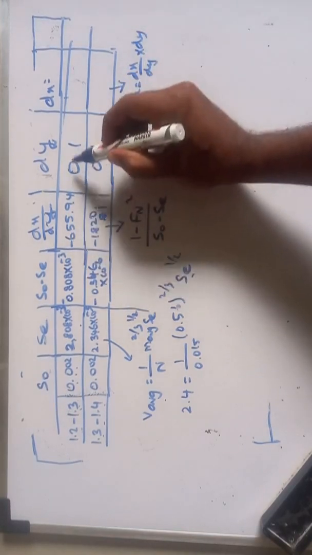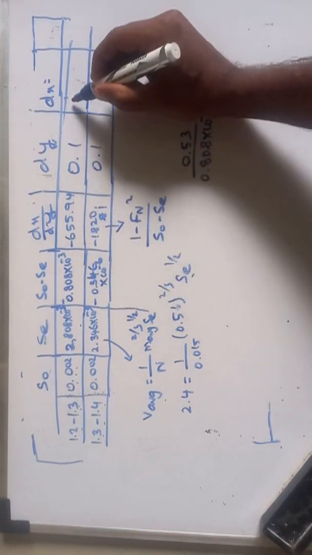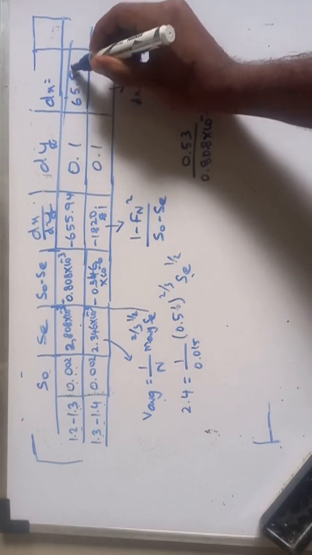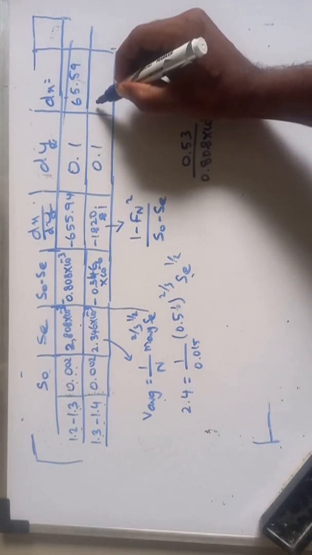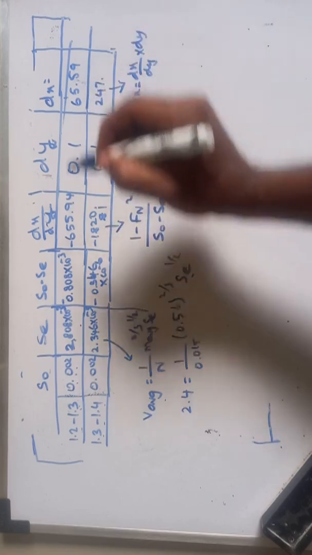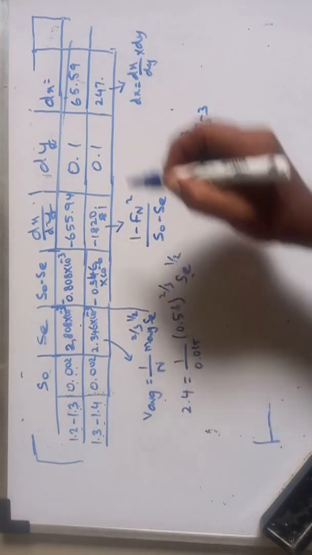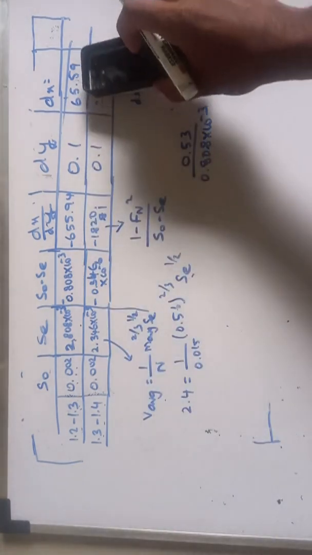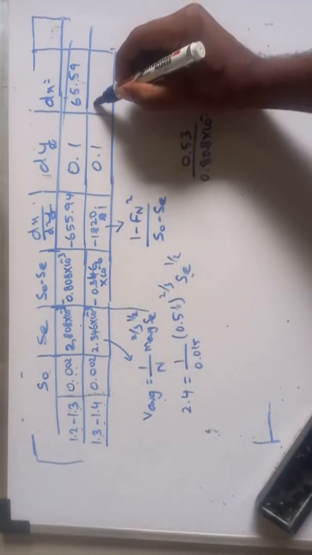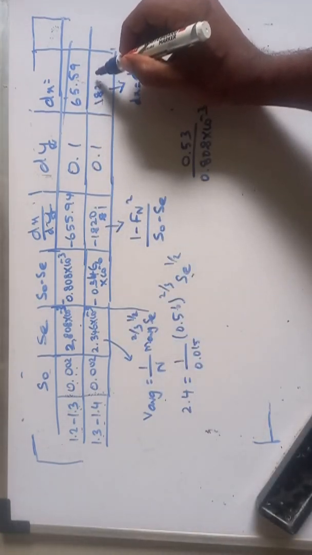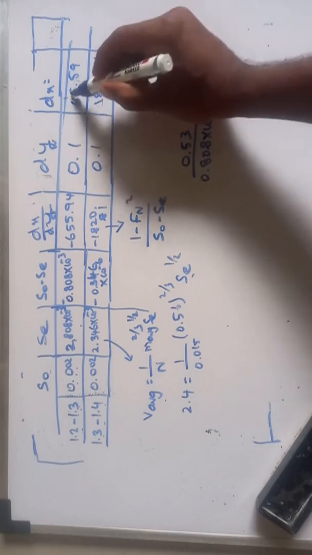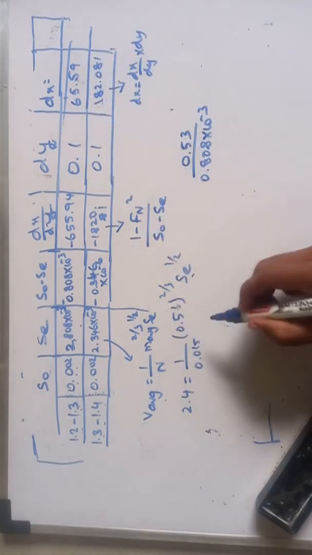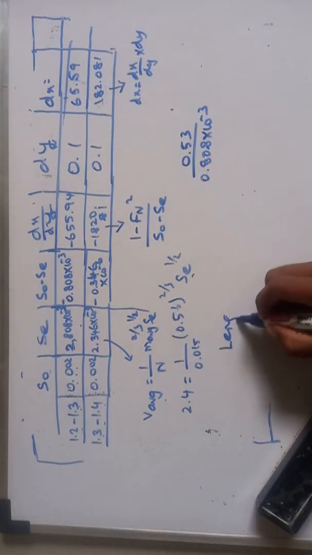If I multiply these two values, I will get dx value 65.59. Like that, this value will become 182.081.